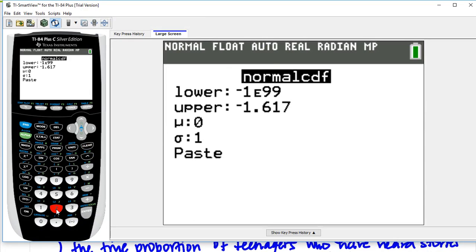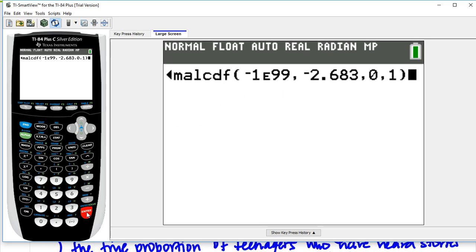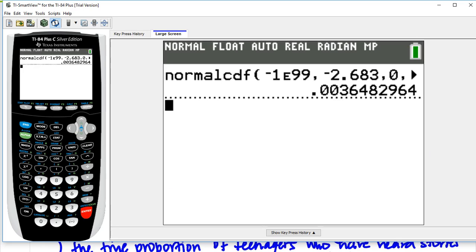So again, in the calculator, a quick reminder, we are doing second VARS 2. Because I got a negative z-score, I'll keep my lower as negative infinity. I'll put in the negative z-score, negative 2.683. Now we typically round these to 3 decimals since we can use the calculator to get the answer. If you still prefer table A, you can continue rounding to 2 and using table A. And I got 0.0036.